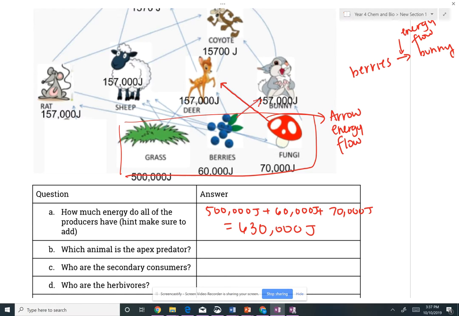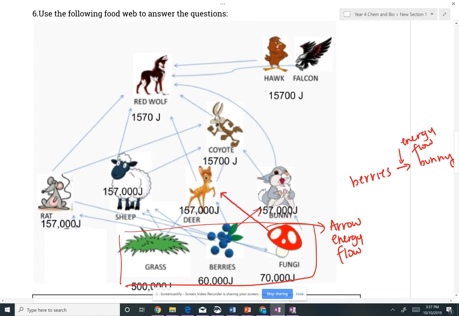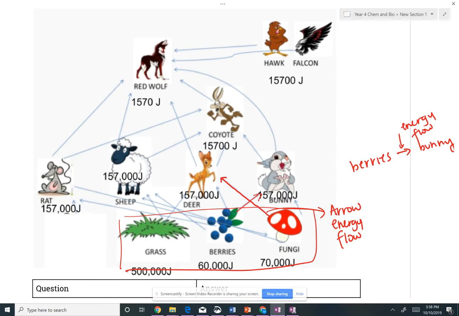Okay, the next thing is which animal is your apex predator? So I'm looking at my food chain and now I have to figure out where all of the energy is going. I'm looking for the one that has all of the energy going towards it. I see the energy from the rat, the sheep, the deer, the coyote, the falcon, the hawk, all of this energy is going towards the red wolf.